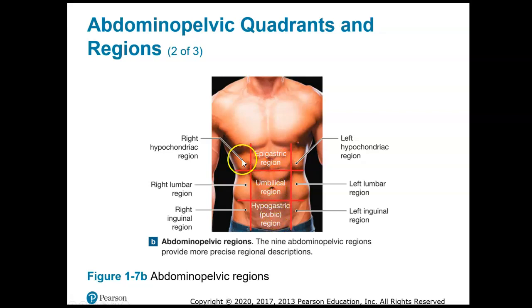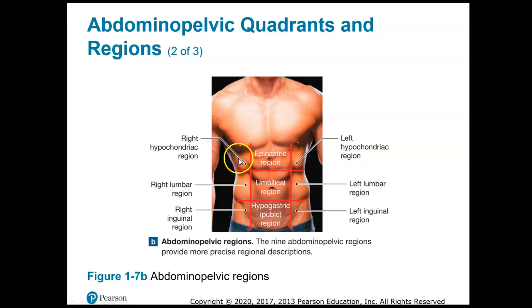Now let's go over to the right side of the man on the left side of the page. Right hypochondriac region. Chondra means cartilage. There's cartilage in the ribs. And so I just look at it like that, the below the ribs area, but that's going to depend on whether that makes sense for you or not.